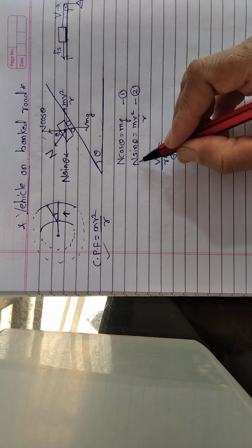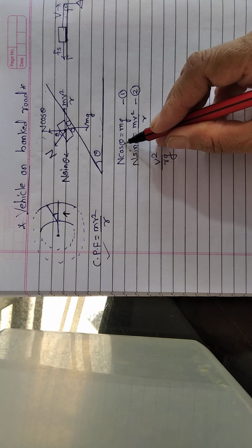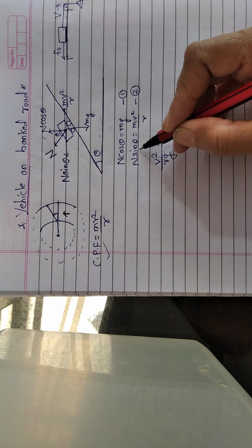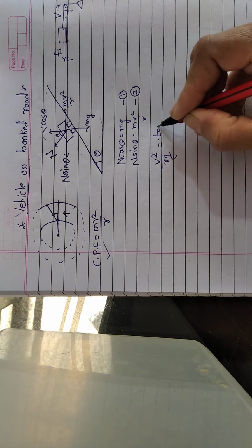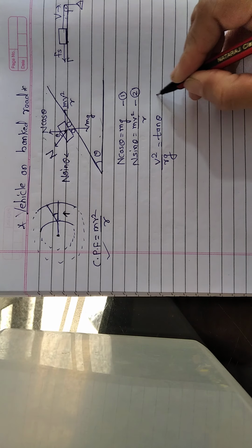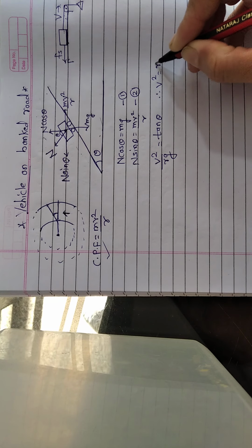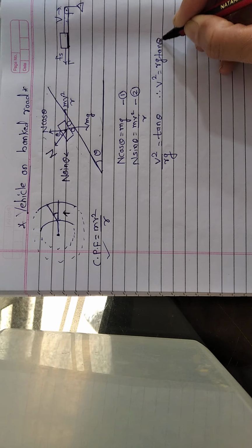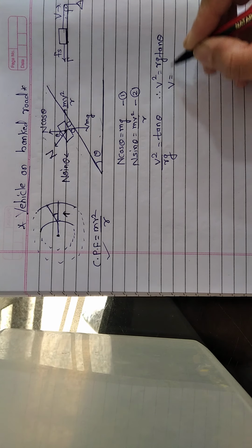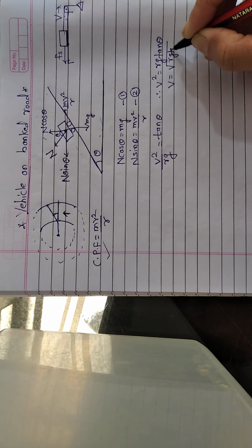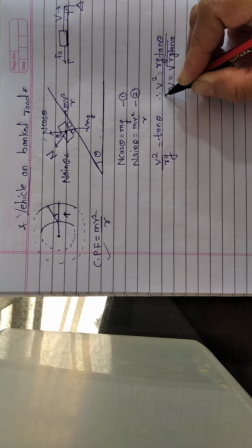N sin theta divided by N cos theta, N will get cancelled, sin theta upon cos theta will be tan theta. So v square is equal to rg tan theta. By taking the square root, we get v is equal to square root of rg tan theta.